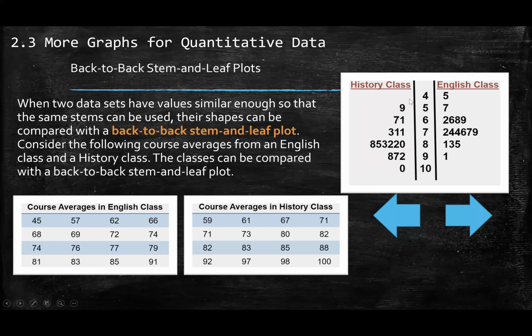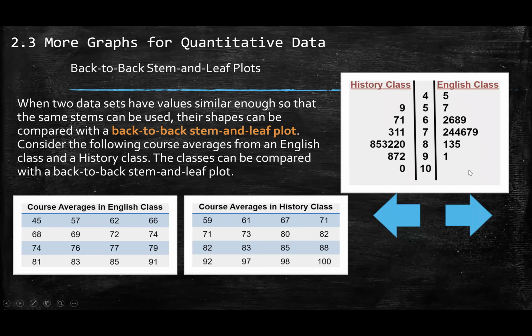So again, my history, as you can see, I have 59, 61, 67. The data is in order: 71, 71, 73. That's what I have. 80, 82, 82, 83, 85, 88. Those are my data for my history class, and this is the rest of the data.